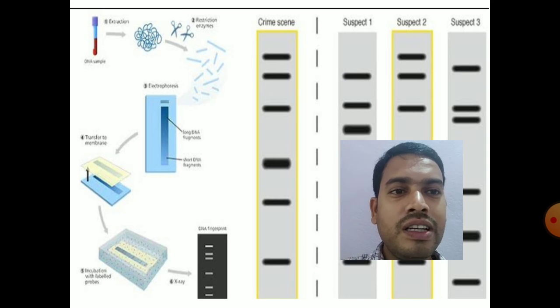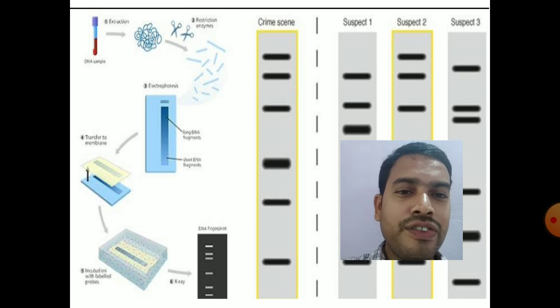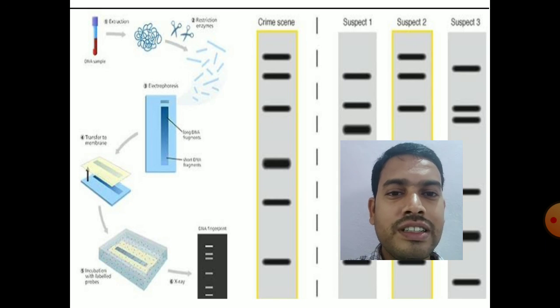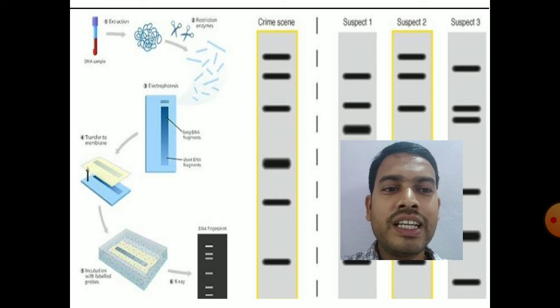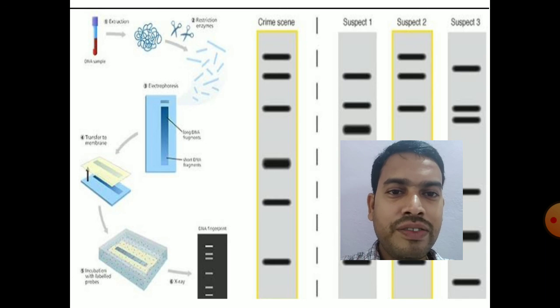Load all four samples in four lanes of the agarose gel electrophoresis. After electrophoresis, the DNA fragments are sorted based on their size. Larger fragments will be at the top position and smaller ones will travel faster in the gel and be at the bottom.